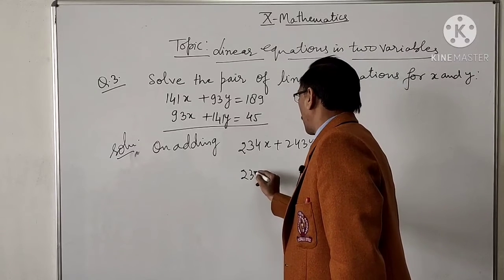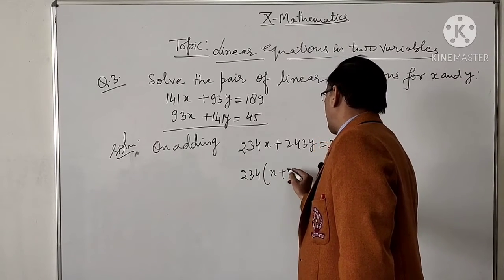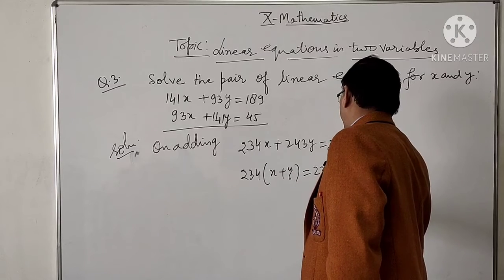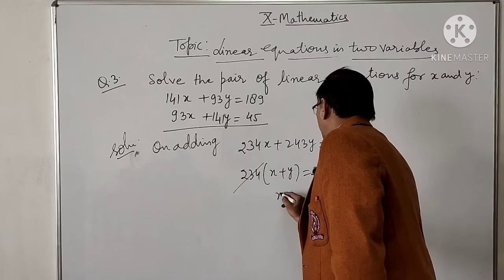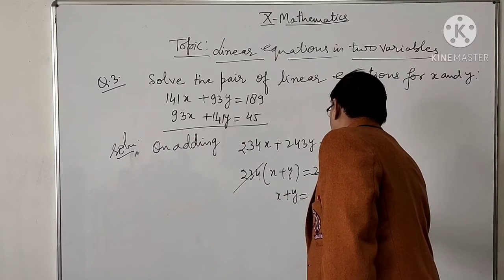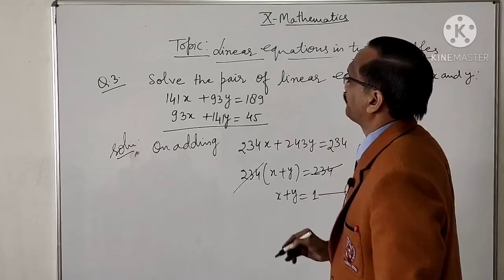Now 234 is common, then x plus y equal to 234 upon 234. Now 234 is cancelled out, so x plus y equal to 1. Let it be equation 1.